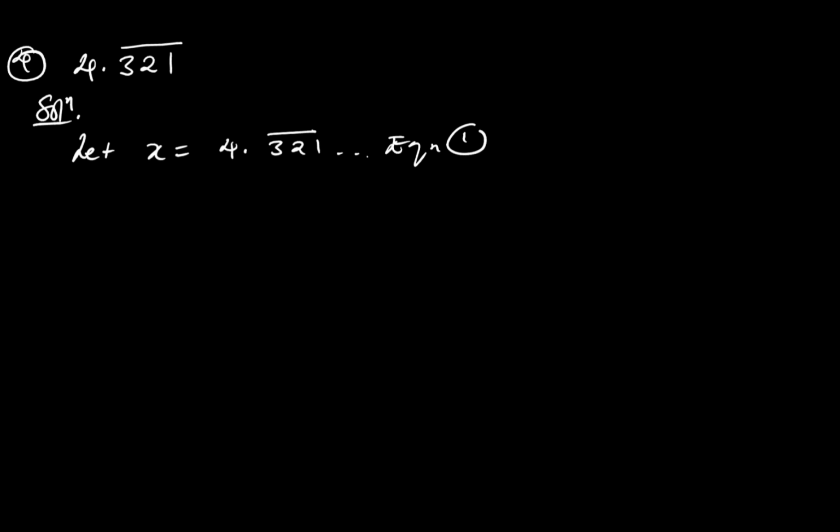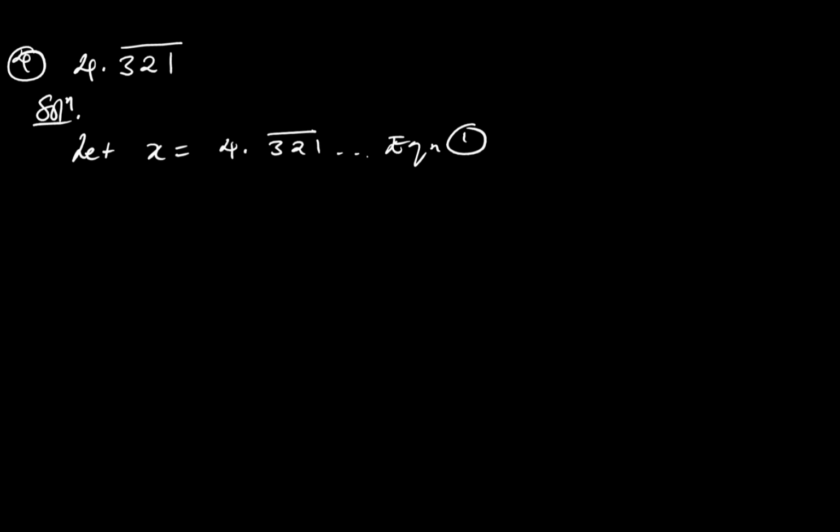Say you have 4.321 bar, then you have 3 numbers underneath the bar. Now to solve this, all we have to do is to let x be equal to what you initially have, which is 4.321 bar. So this is equation number 1. So you don't really have any other number here, which is not underneath the bar, to be pushed this side.